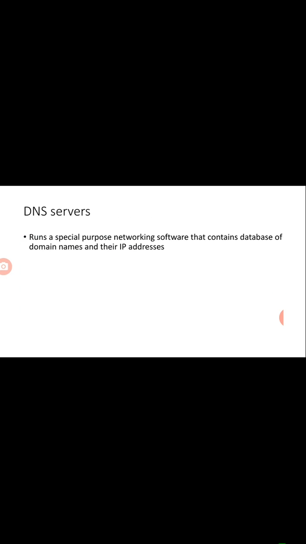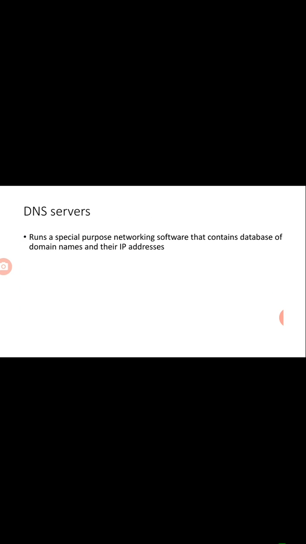What is meant by a DNS server? The DNS server runs a special purpose networking software that contains a database of domain names and their corresponding IP addresses. A domain name system contains several DNS server computers. The DNS servers are arranged in a hierarchy.